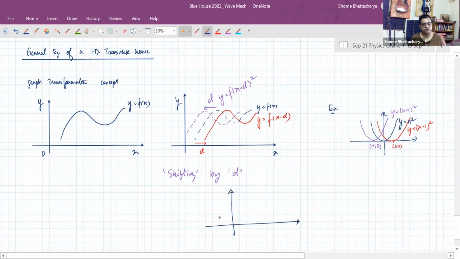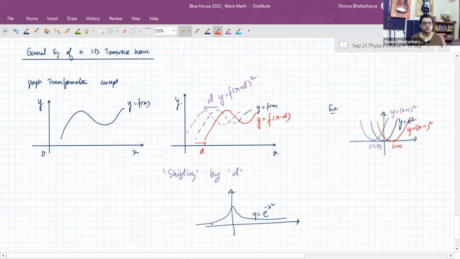Now another example of this is that suppose I have the function e raised to the power minus x squared. That looks something like this.